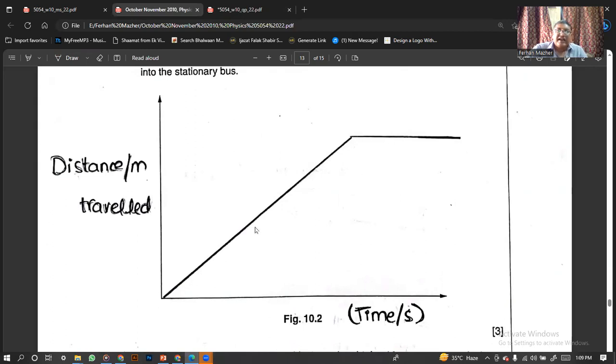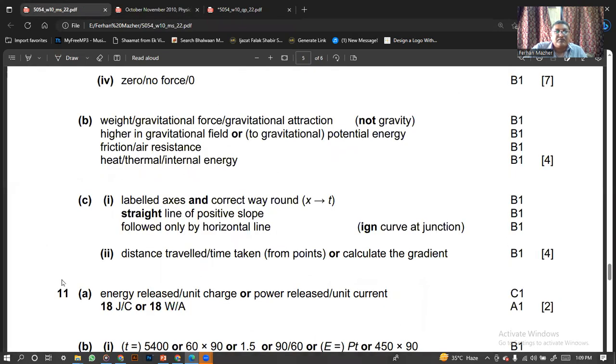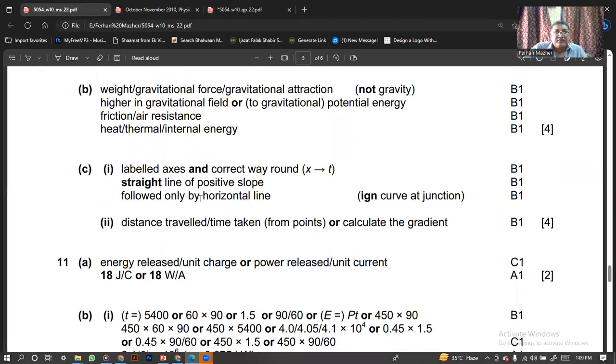So here you see I have drawn a straight line. Its gradient is constant, which means the speed is constant. And here I have drawn a horizontal line, which means the gradient is zero, which means the bus is stationary. So this is the graph they are talking about. You can see here, this is the marking scheme.